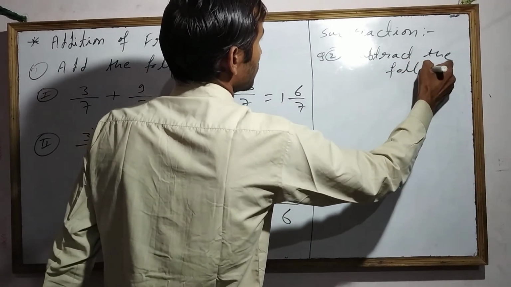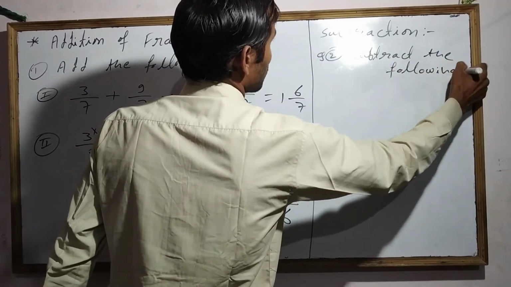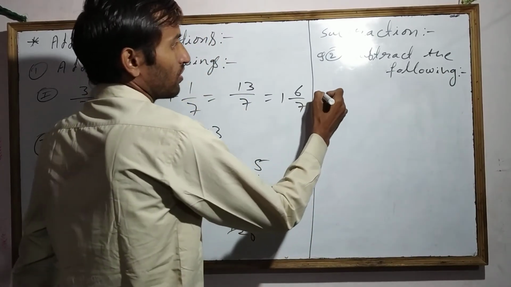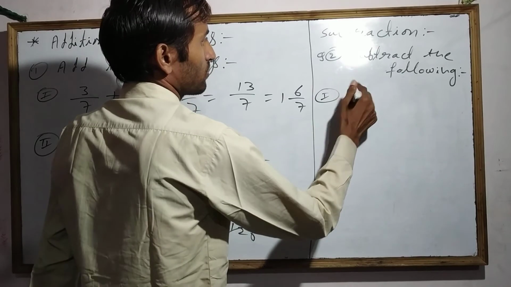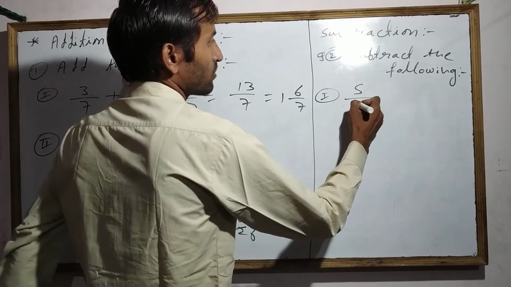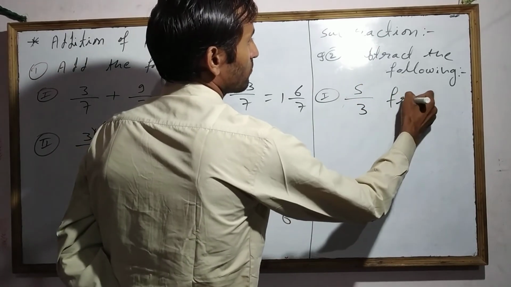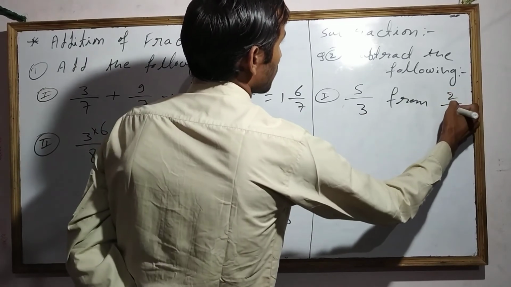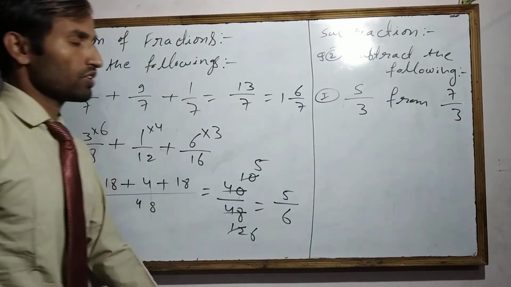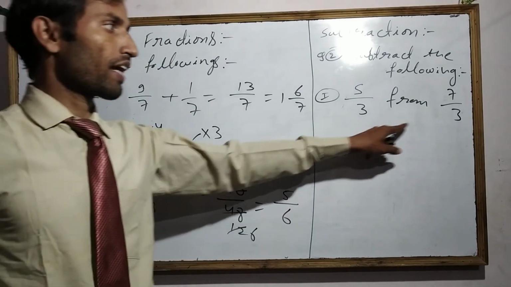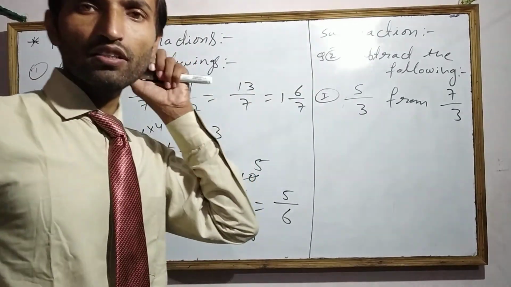First subtract 5 upon 3 from 7 upon 3. Just you see here both fractions are like fractions because denominator is same.